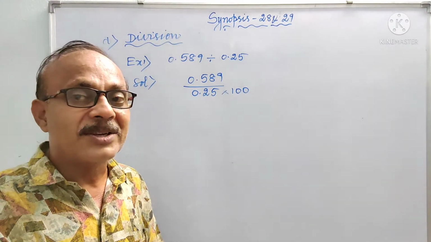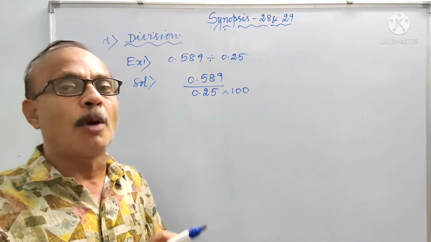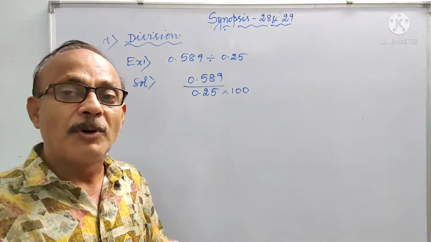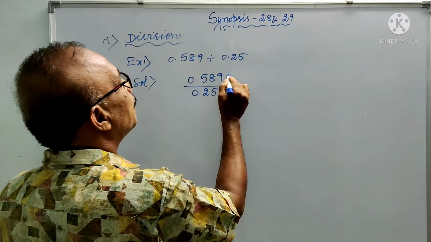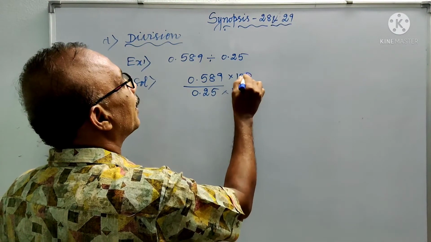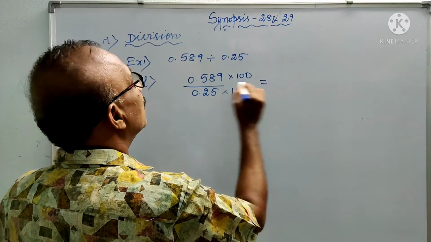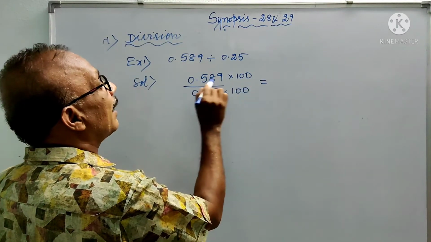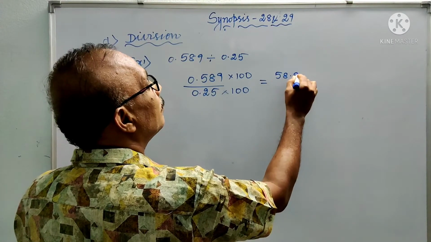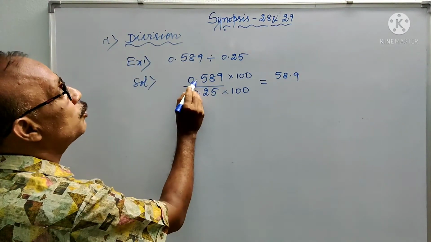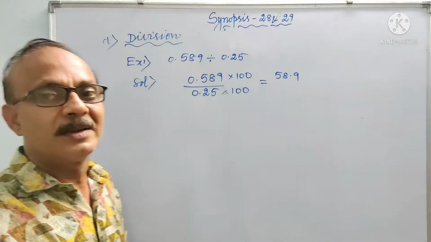But in a fraction, you can't multiply only the denominator. You have to multiply both numerator and denominator. So let us multiply this also by 100. Since you are multiplying by 100, this becomes 58.9, because the point moves right by only 2 places.